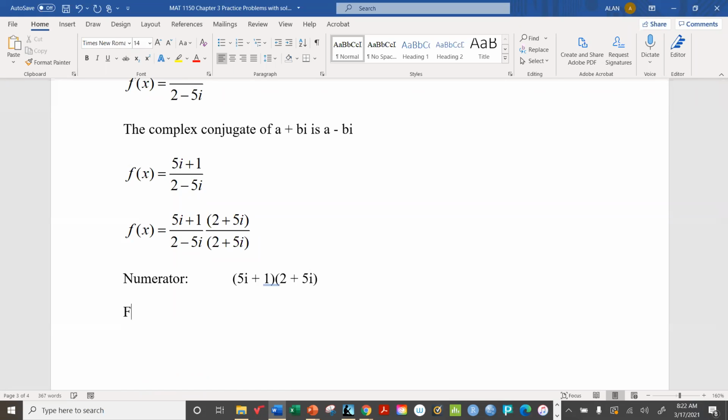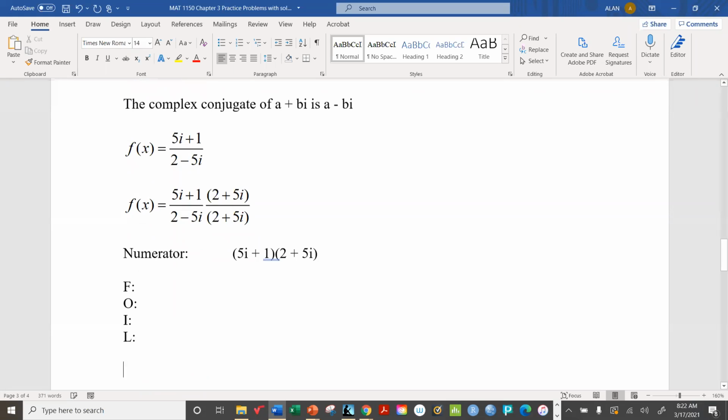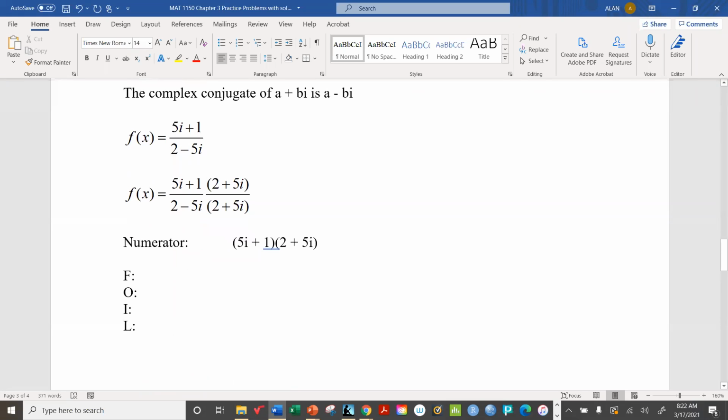And so if I apply FOIL here, what should I get? F, O, I, and L. So F is 10i.